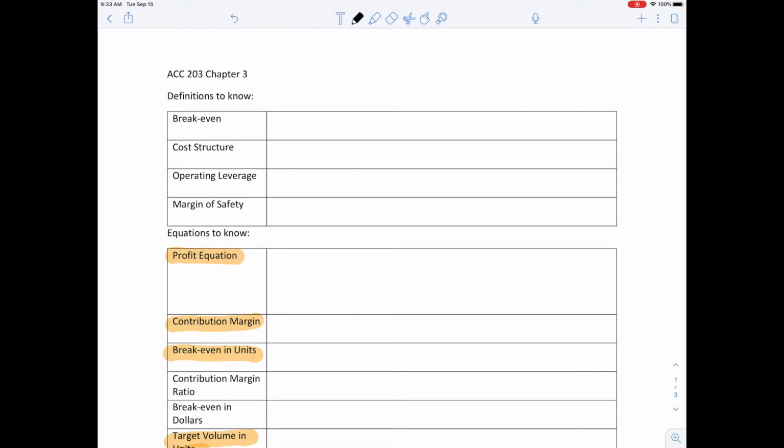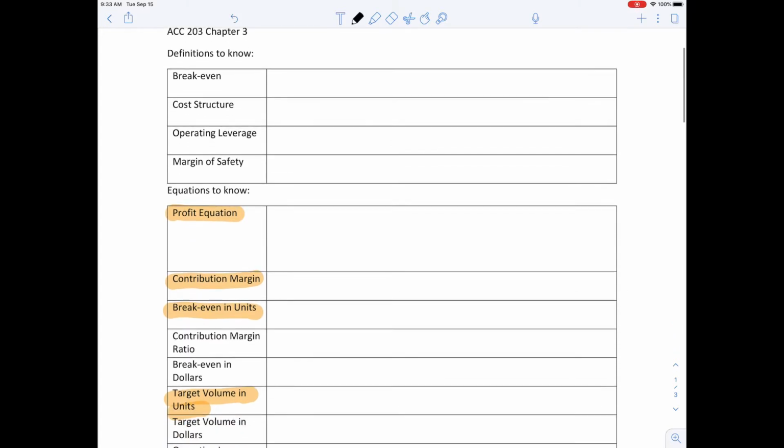So some of the equations that I want to go over with you, because I know we're going to need them. The first one is looking at that profit equation. There's multiple ways to look at this, but you can always come back to this one equation where profit is going to equal your selling price minus your variable cost.